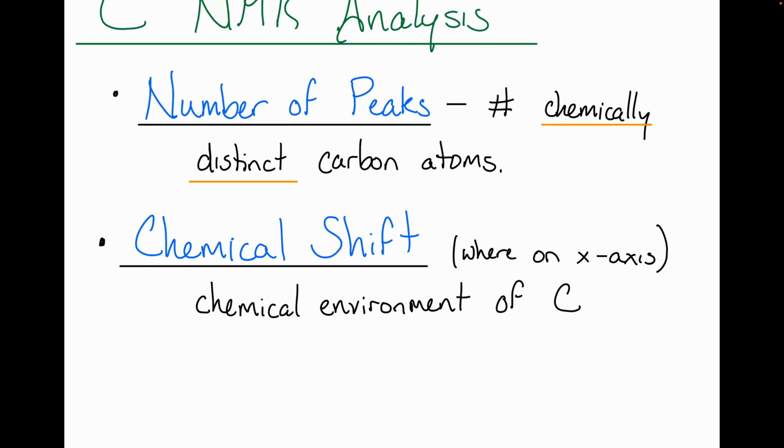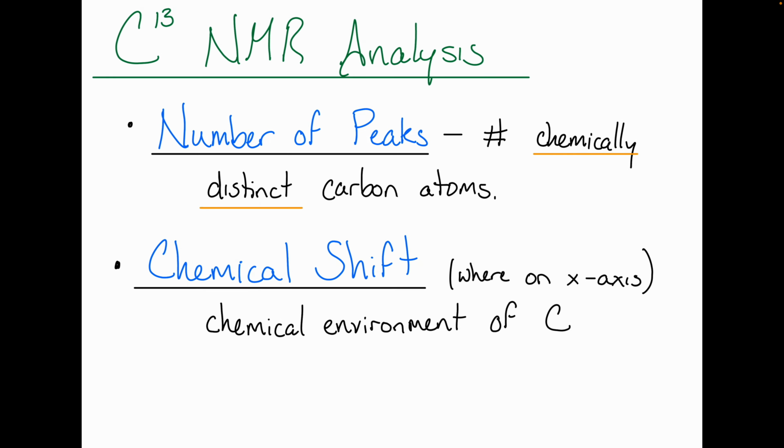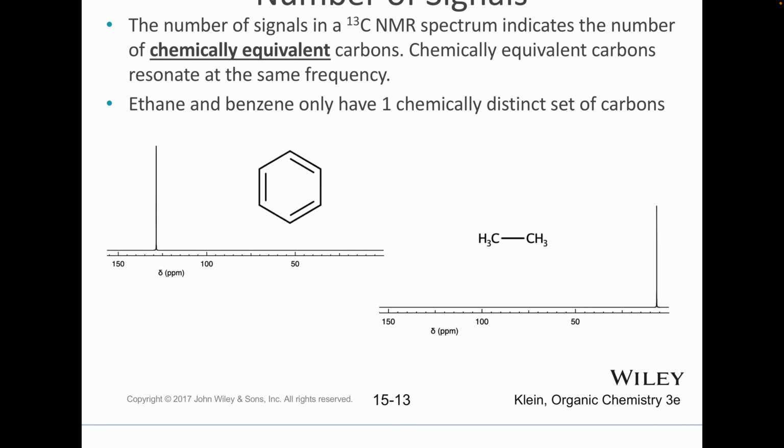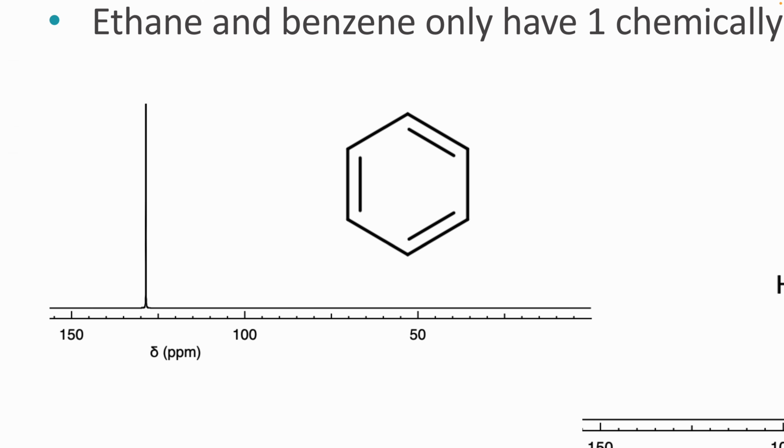All right, and then the last thing that we're going to look at when we do our NMR analysis is what we call the integration. All right, so we don't do this manually. The computer does it for us, but it would go in and integrate this peak. What do I mean by integration? What am I calculating? The area under the curve, right? We remember this from calculus.